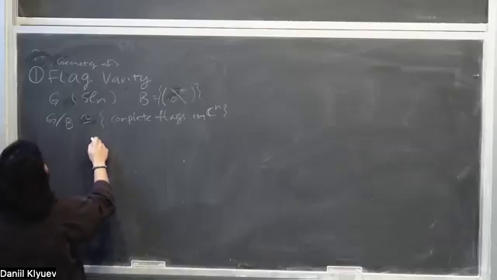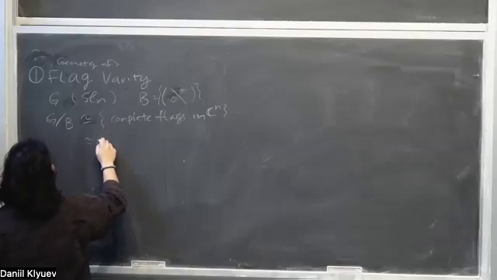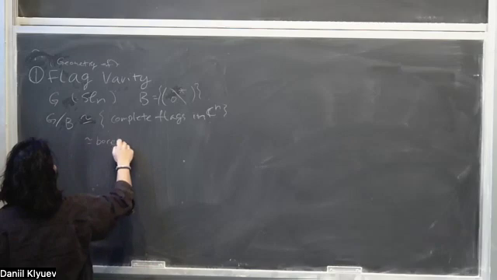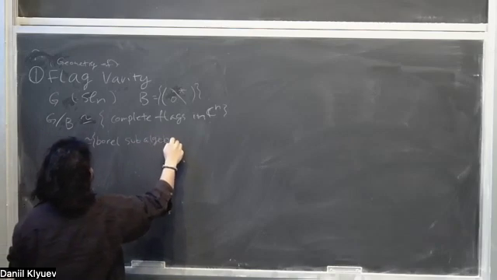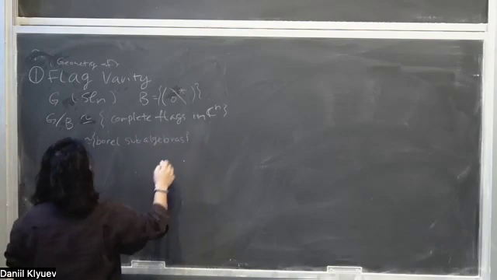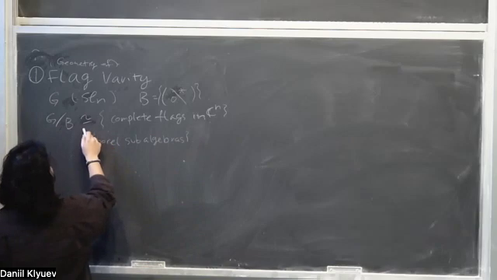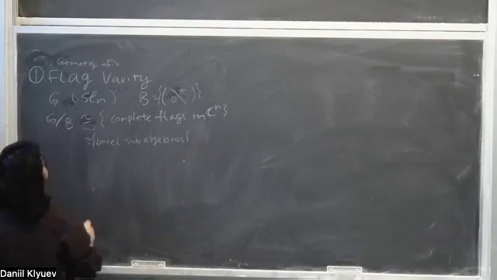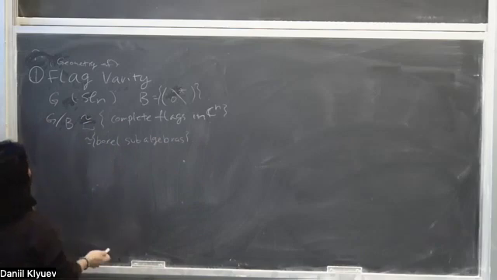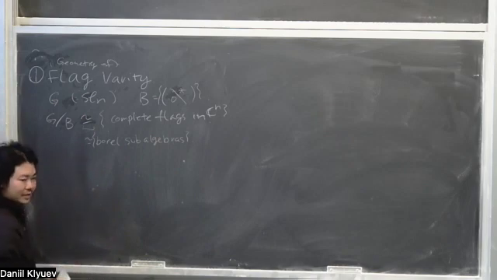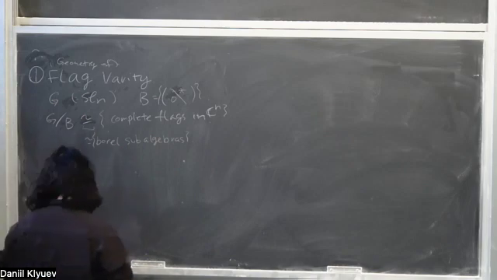Or you can also think of this as Borel subgroups, or sorry, Borel subalgebras. But today the perspective is probably to think of it this way. This is just because G acts on flags on the left, and the stabilizer of the standard flag is just B.